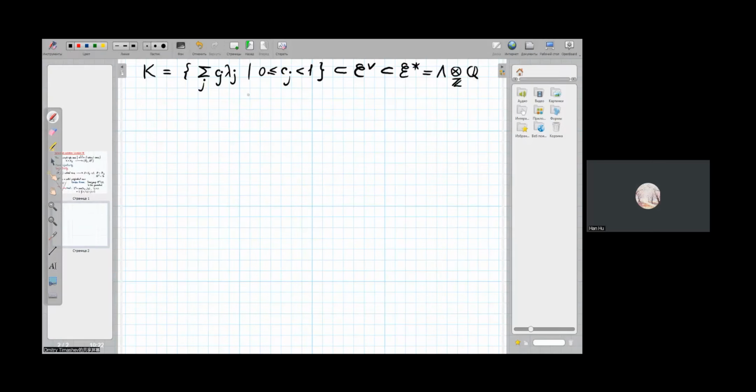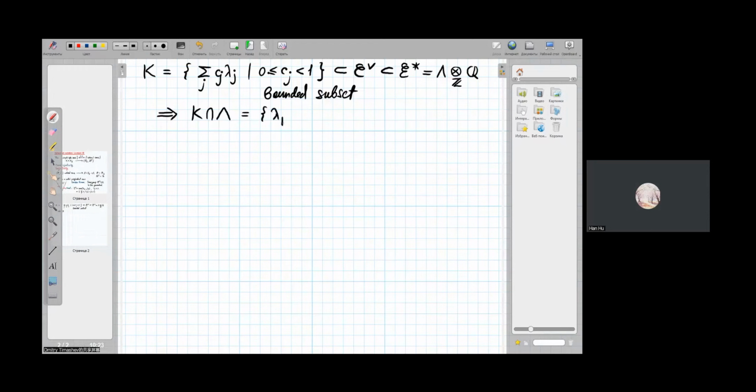And this set is a bounded subset of this vector space because it consists of linear combinations of a finite set of vectors with bounded coefficients. So this is a bounded subset. And since it is a bounded subset, its intersection with the lattice lambda is finite. So this implies that the intersection of this subset K with the lattice lambda is finite. So it consists of finitely many lattice vectors.